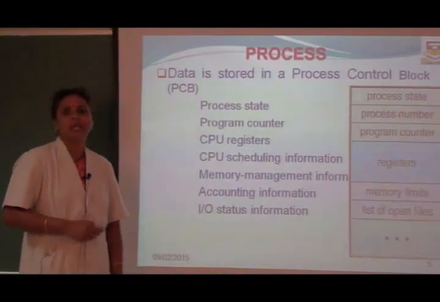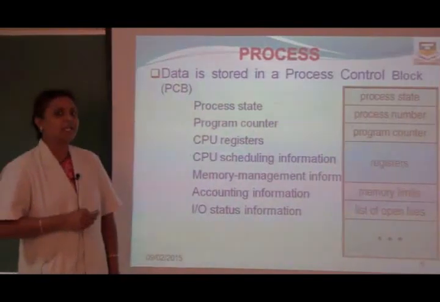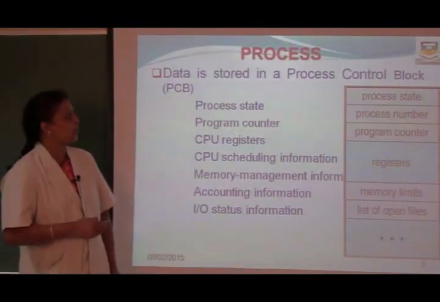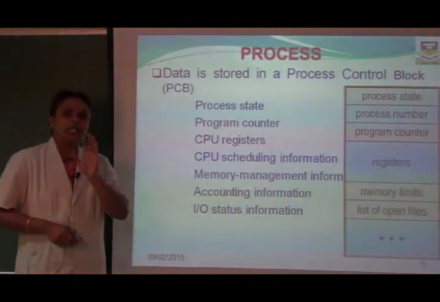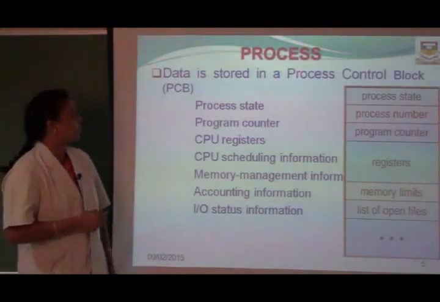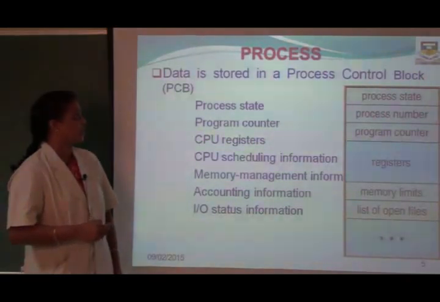Then the information about the process is stored in a block called the process control block, also called PCB. For every process there will be a unique PCB, so a process control block is created.